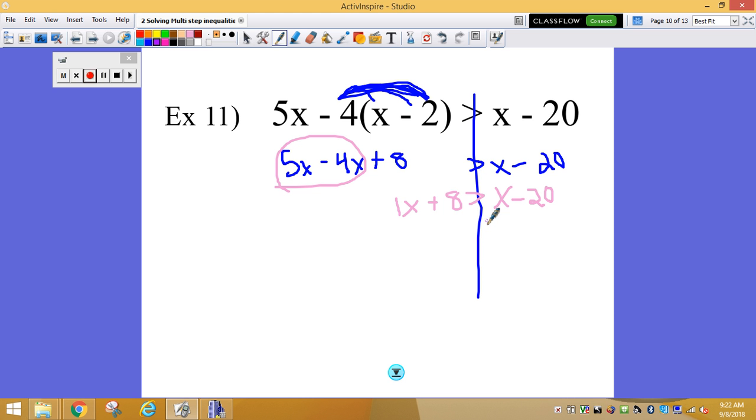And the opposite of positive x is negative x. So x's go away. 1x minus 1x, again, go away. So I have 8 is greater than negative 20. So let's think about that. Is 8 bigger than negative 20? Yes, it is. So my answer is all solutions.